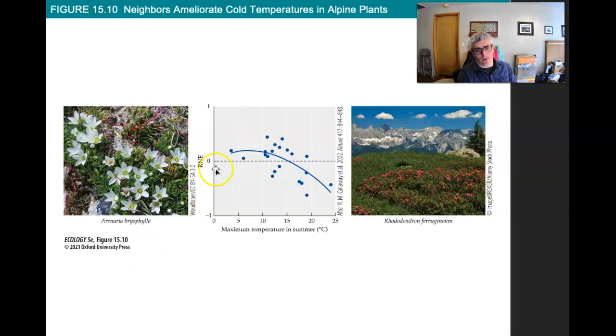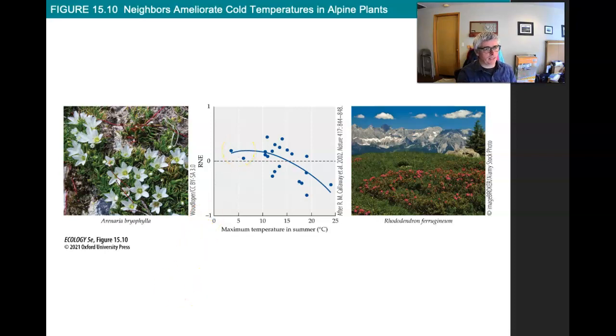And so it's important to think about mechanisms versus observation. The observation is that median summer temperature is associated with a decrease in relative neighbor index, which means that they're further apart. With colder summer temperatures, they're packed in more tightly.